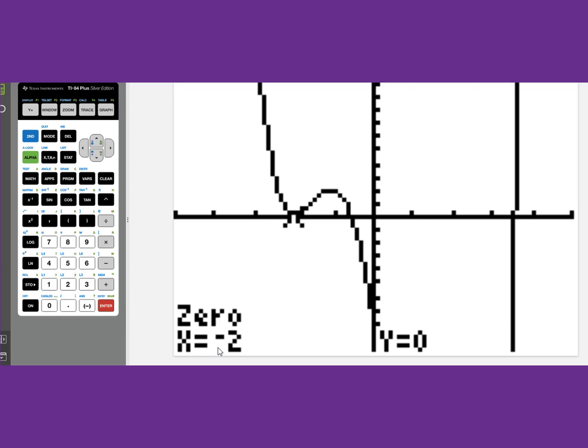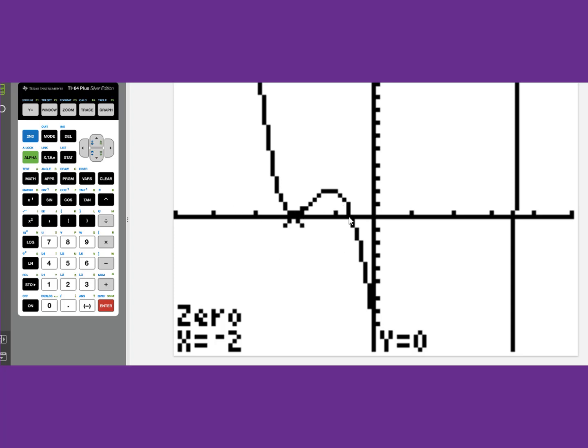Yeah, this is a rational solution. That's -2. Since the graph bounces back at this -2 x-intercept, this root has a multiplicity of 2, which means for the factor I can write down x plus 2 squared.